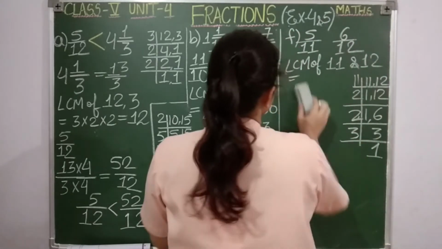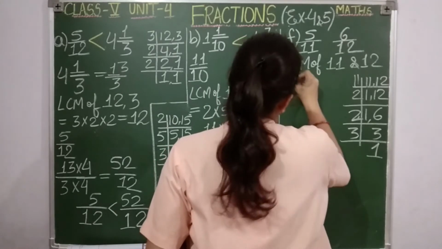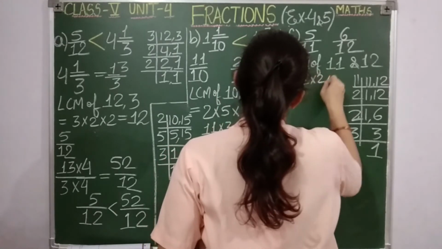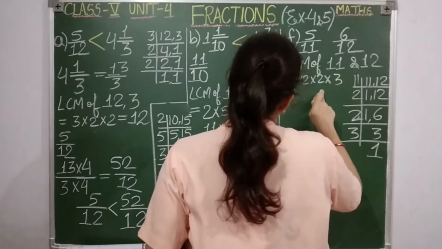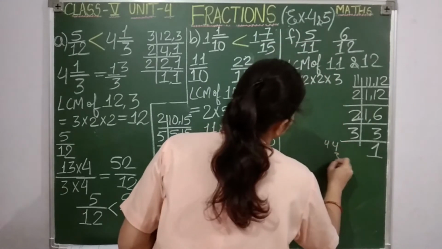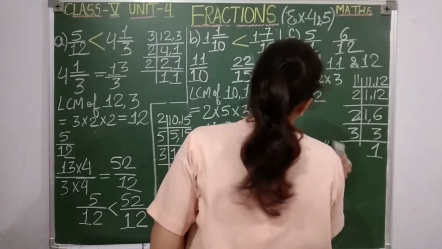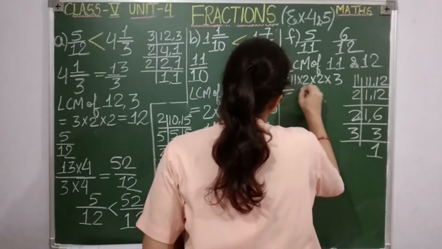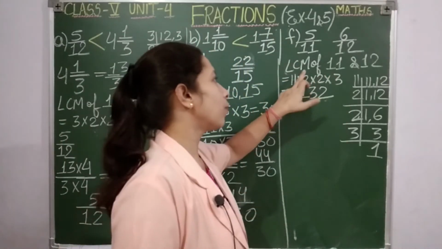So LCM is 11 into 2 into 2 into 3. 11 2s are 22, 22 2s are 44, 44 3s are, rough work, 3 4s are 12, 3 4s are 12, 13, 132. See students, I want to tell you one more thing. LCM will be 132.